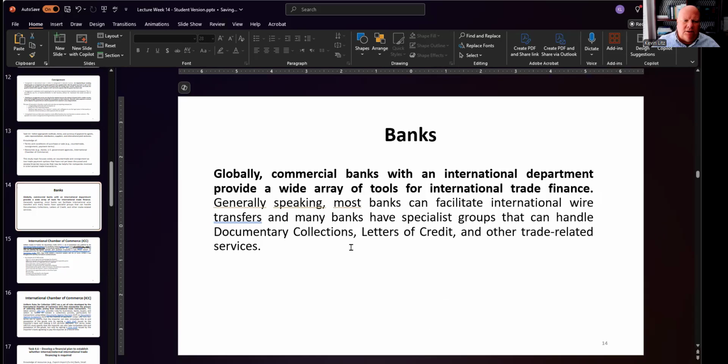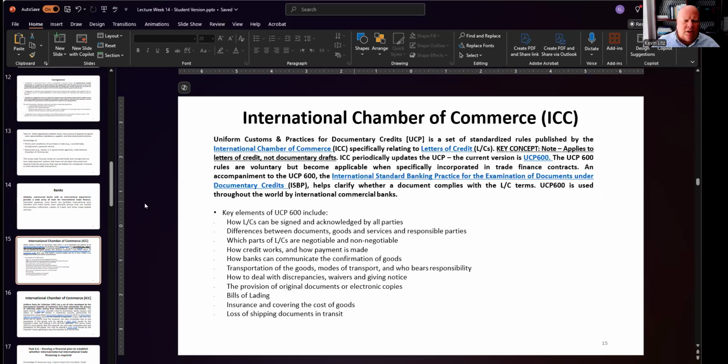Now, let's jump back on. Obviously, banks are going to help us with financing. One thing that's important is the international trade rules. That's the letters, documentary credits, then letters of credit, etc. Those are the rules to follow.